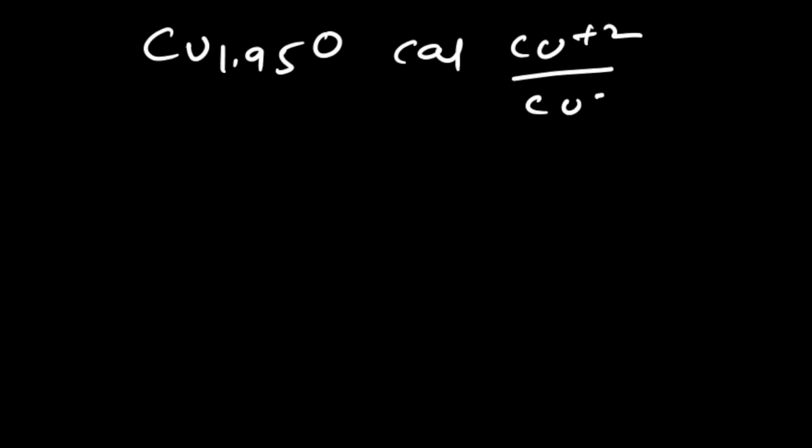Cu 1.95 O. Calculate the Cu plus 2 by Cu plus. You are getting the answer in negative, but the answer should not be negative.